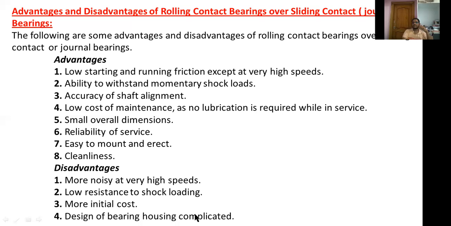Making that inner race and outer race is a time-consuming process. That's why the cost of these rolling contact bearings is very high as compared to journal bearings. So these are the advantages and disadvantages of rolling contact bearings over journal bearings.